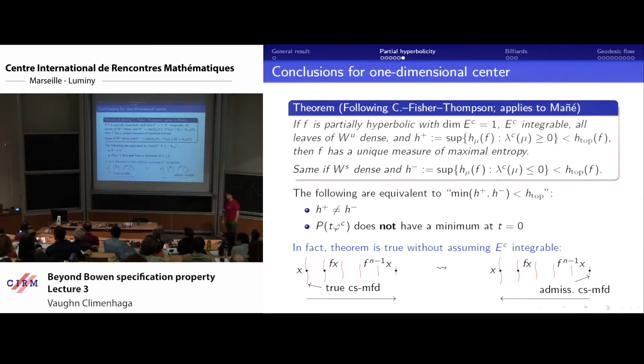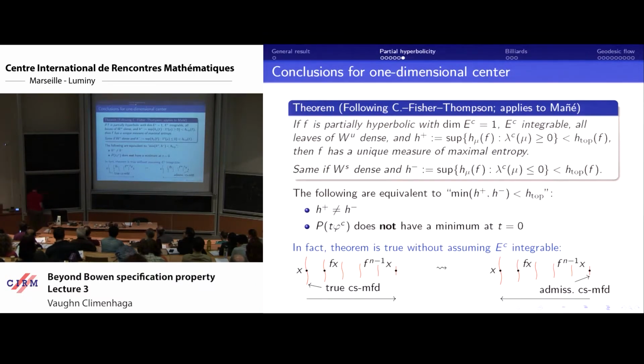Can you explain the minimum pressure? Sorry? The minimum pressure. This one? So, suppose your picture is like this.